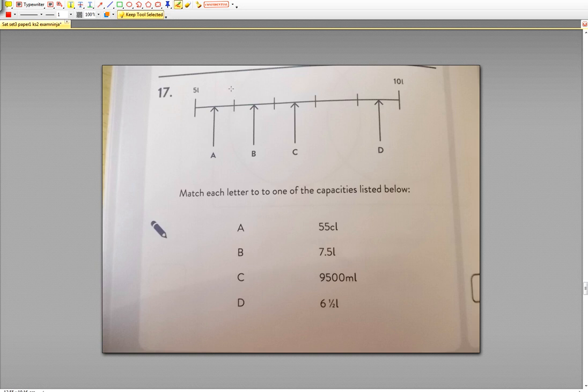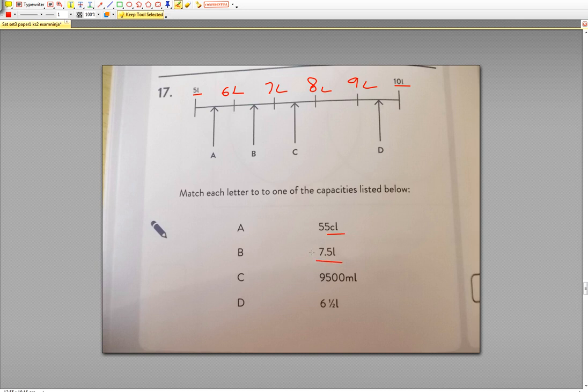This will be 6 liters, 7 liters, 8 liters, 9 liters, and 10 liters. Does everything match up now? Now, let's do the easy ones first. We'll come back to this one in a second.